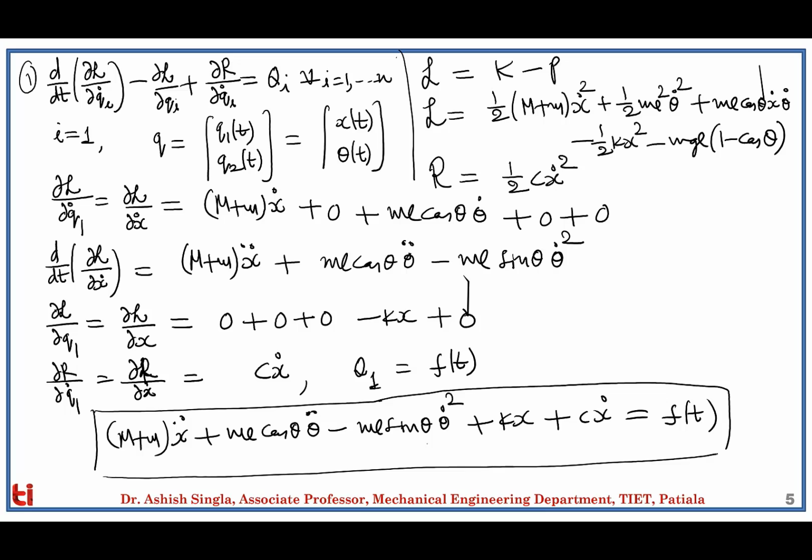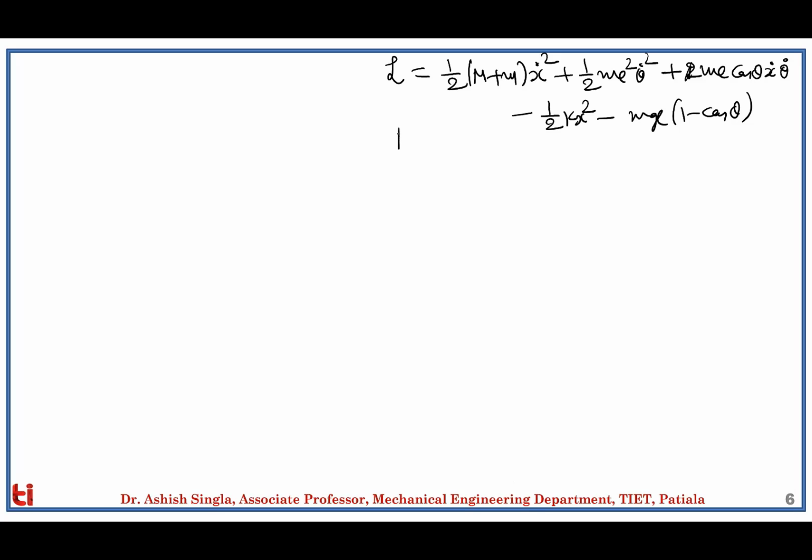Let's go to the second body, where we have to calculate for i equal to 2. So let's rewrite the Lagrangian again, and R, that is the Rayleigh's dissipation function, is equal to half c x dot square. So this is the L and R. For i equal to 2, we have q2 is equal to theta of t.